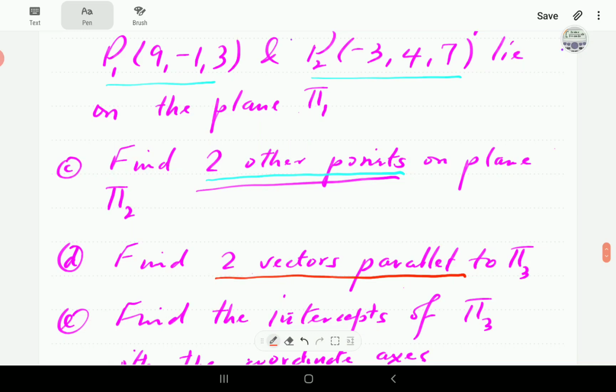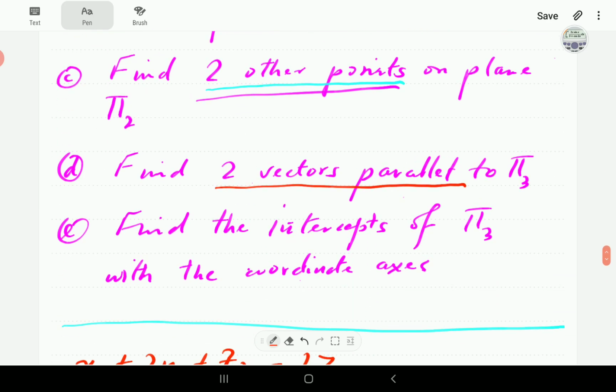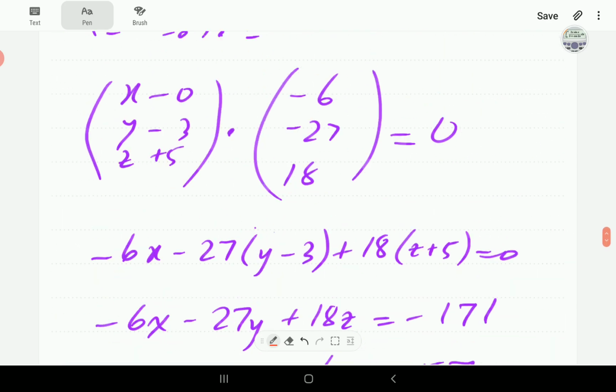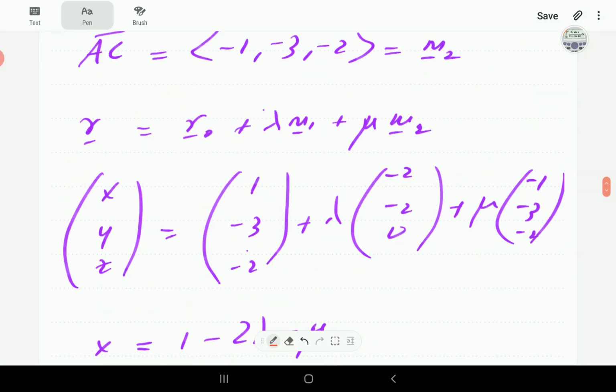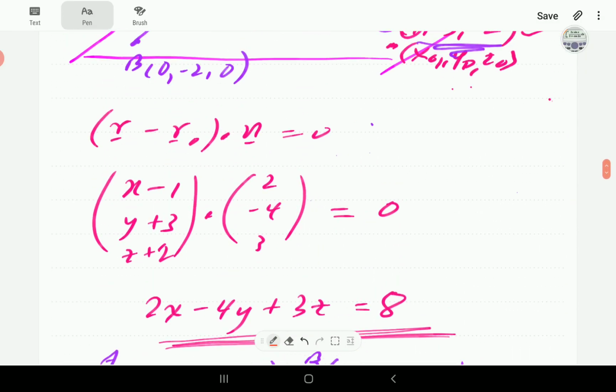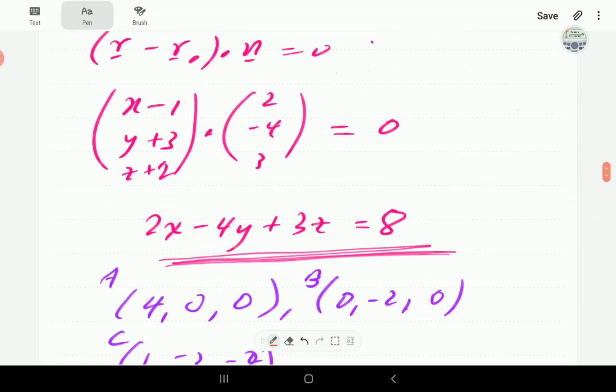When did we have pi 3? That's the previous question. Do we have the scalar equation for pi 3? Let me just scroll up. It's pi 4. There is pi 3. So that is the scalar equation for pi 3.